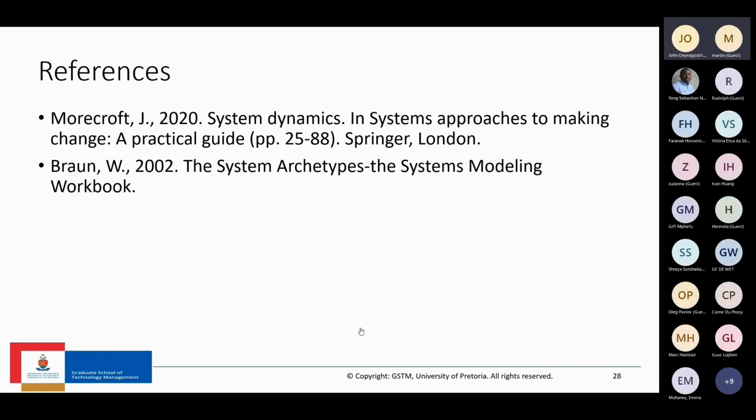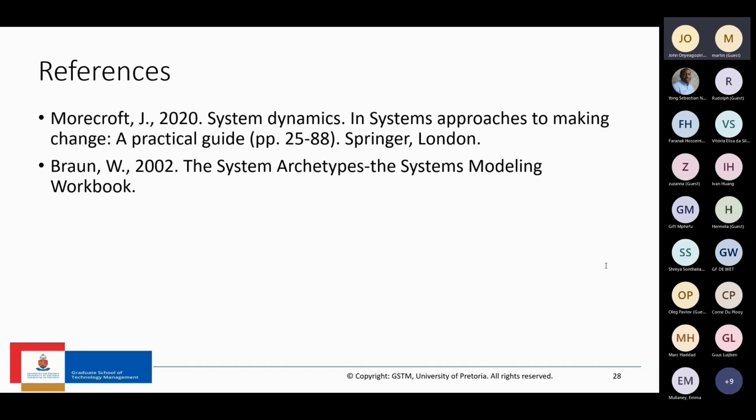Good evening, everyone. Yes, please, I want to ask because I did a master's at the University of Cape Town, and I used system dynamics for my master's studies, and my master's supervisors only focus on qualitative system dynamics. Now I'm doing a PhD at the Graduate School of Technology Management at the University of Pretoria, and I'm also using system dynamics to answer some of my research questions.